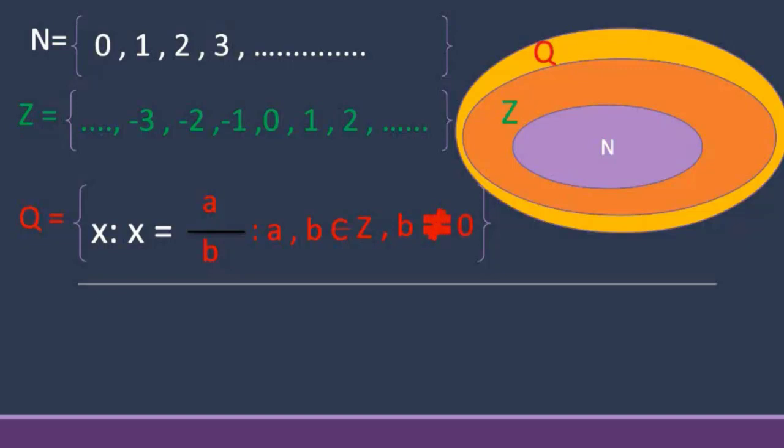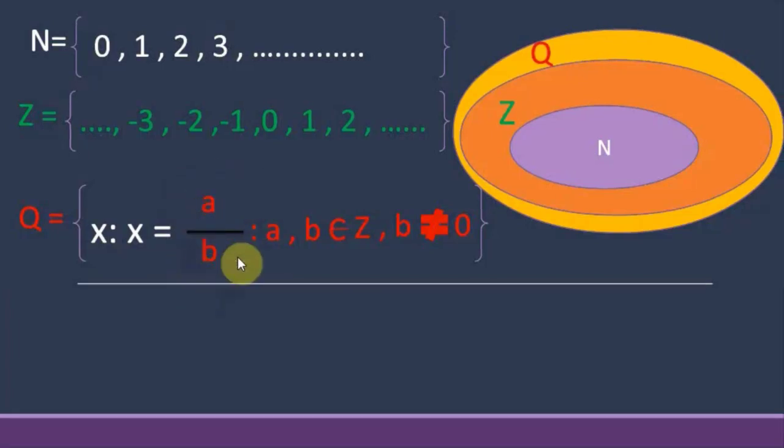This means that a rational number is any number we can write as a fraction a over b, such that the numerator and the denominator belong to the integer numbers and the denominator mustn't equal 0. After that, we deduced that the natural numbers are a subset of the integer numbers, which are a subset of the rational numbers.